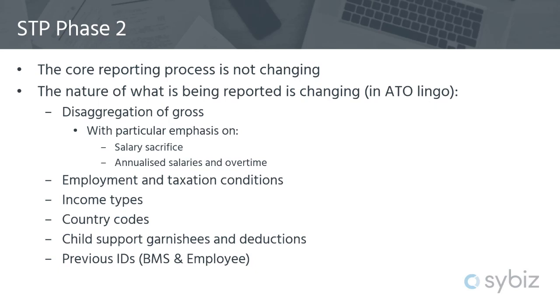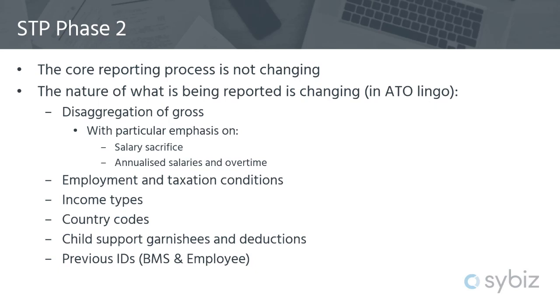And another tricky area is annualized salaries and overtime. It's that combination that's caused a little bit of confusion, but there's some more clarification around that now. So apologies for those that it doesn't apply to, but it's the scenario where someone's working, say, the typical example is a manager in a supermarket where their working hours, if they were a casual, would ordinarily be overtime, but there's just a guesstimate where their salary is packaged up on the basis of there being a portion of their working hours that would be considered overtime.